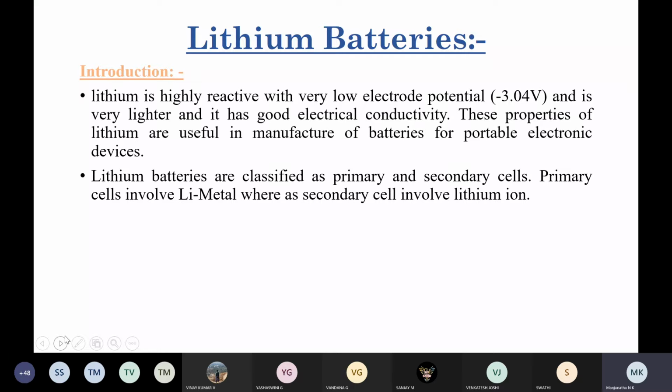Second, it is a very light element. And another one, it has good electrical conductivity. Because of these three characteristics, in some batteries lithium is used as one of the materials. Whatever batteries are constructed using lithium metal or lithium materials are called lithium batteries.